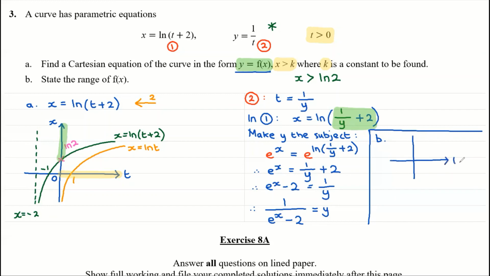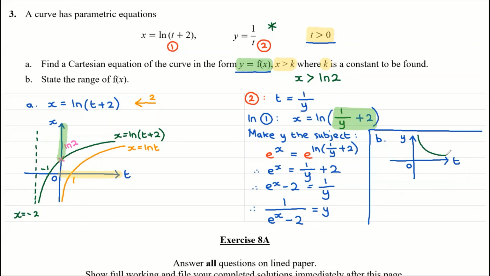Put the t-axis there, the y-axis there. Remember, of course, that t is just positive values, so I don't need to worry about the two left-hand quadrants. And 1 over t is simply the reciprocal graph, isn't it? So it's just this, asymptotes vertically and horizontally.